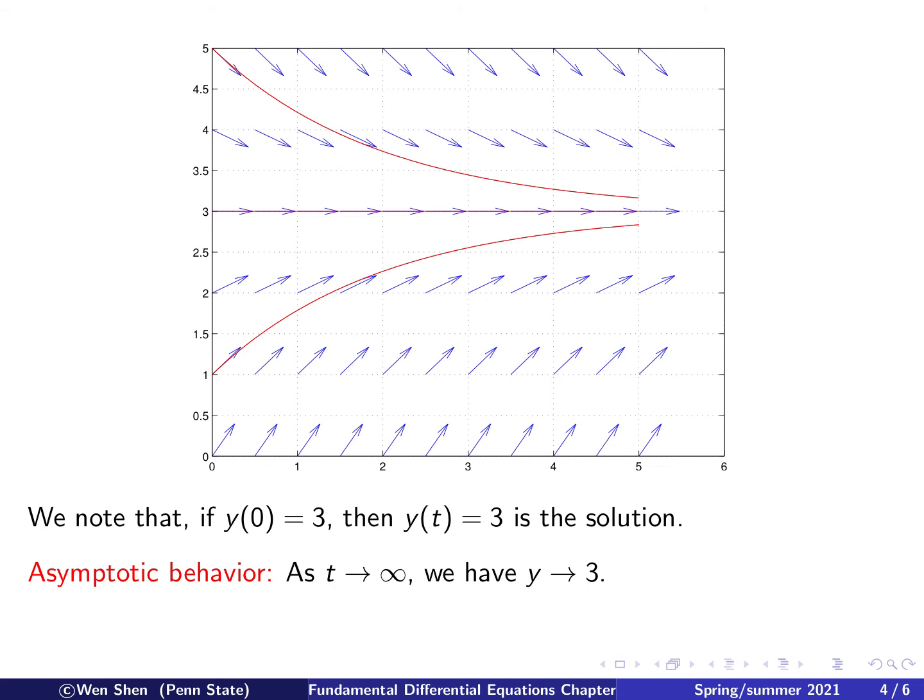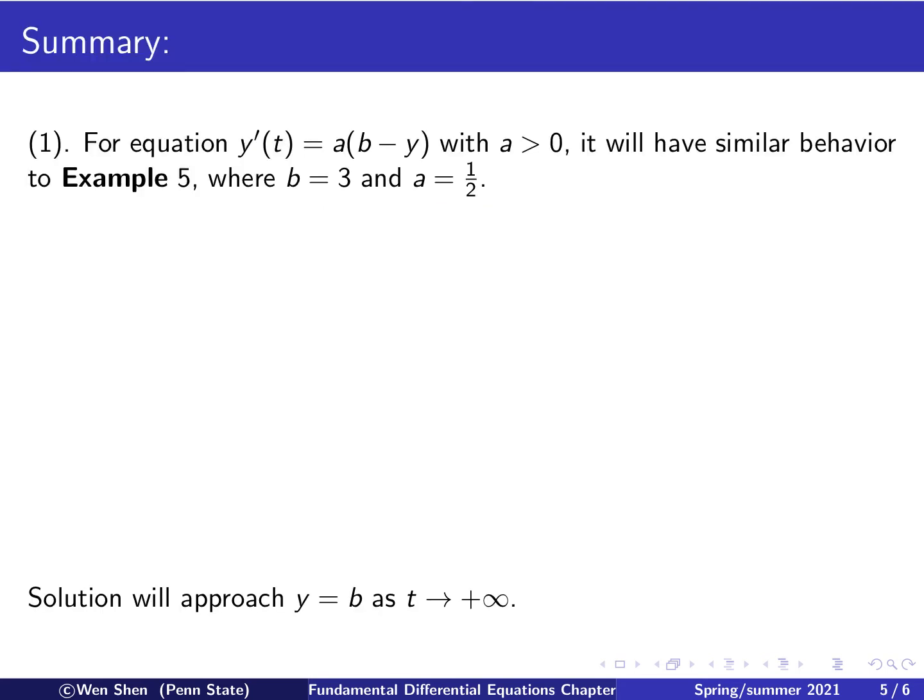Okay, so you might be thinking that in this example, I picked the number 3. It's just a number. This behavior is more general. So let's look at it in a slightly more abstract setting. We now consider the equation y prime of t equals a times (b minus y), with a bigger than 0.